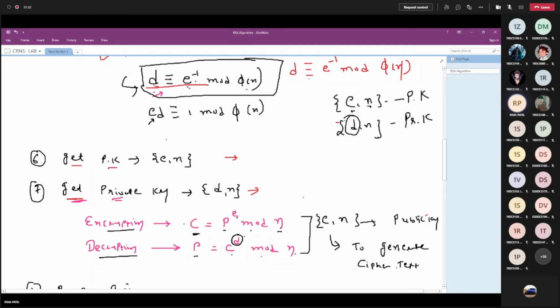Agree with this? Yes, ma'am. Plaintext raised to E mod N. For decryption, P equal to, that is your plaintext, C raised to D mod N. Now you can see over here, we are not using the same key. E is a different value, D is a different value. Now D is used for what? Decryption. What is it? Private key.